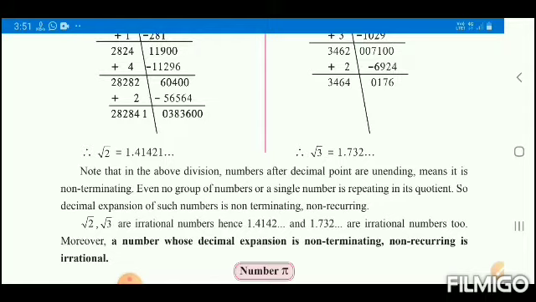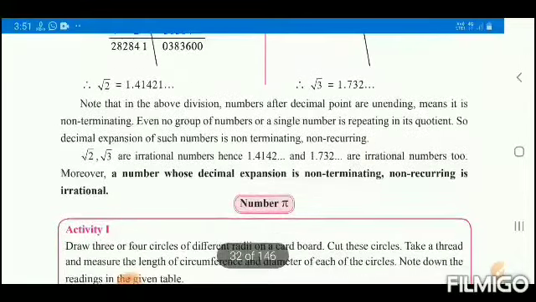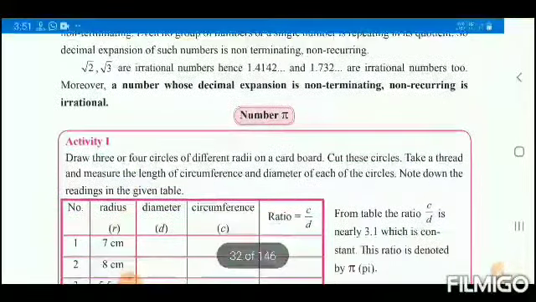Means if you find the quotient of any number and you get a decimal expansion that is non-terminating and non-recurring, then the number is an irrational number.